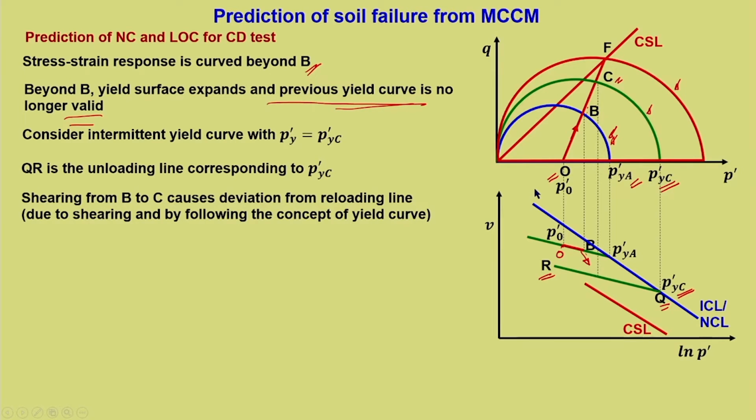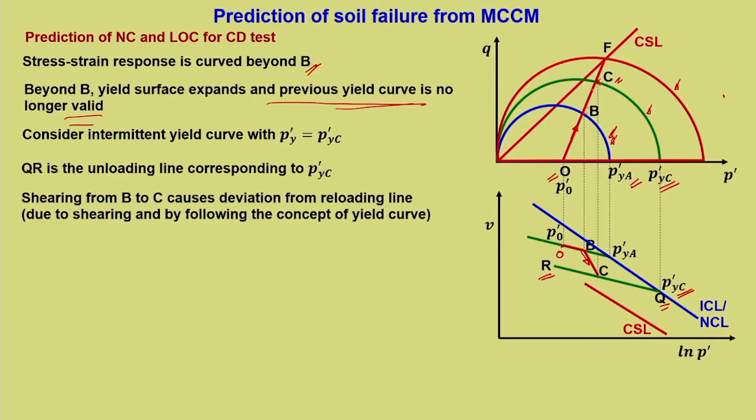So, point C, let us say that that particular point is there on the unloading line QR, because it is touching here. Now, we are redefining the elastic limit. Let us consider that the point is at C. So, this particular point is the point C. Now, the moment it deviates from point B or the moment it passes point B, we are defining a new yield curve.